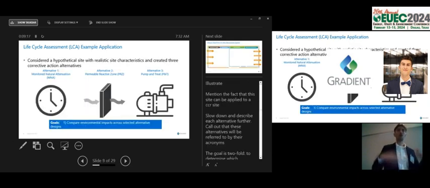Okay, so to illustrate this example and how it can be applied to remediation specifically, my colleagues and I have created a hypothetical CCR site, a site that's been impacted in groundwater with typical CCR contaminants such as boron and arsenic. And we've chosen three alternatives to treat this groundwater plume.